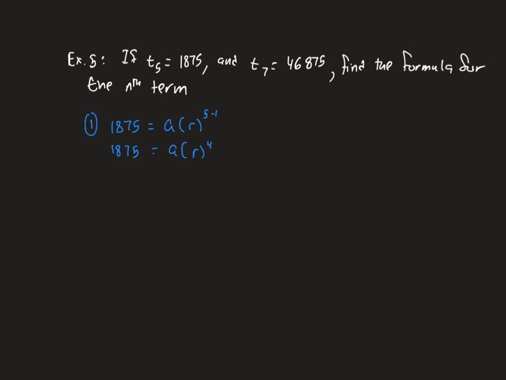Second equation, you're going to have 46,875 is equal to a times r to the power of 7 minus 1. So you're going to have a times r to the power of 6.